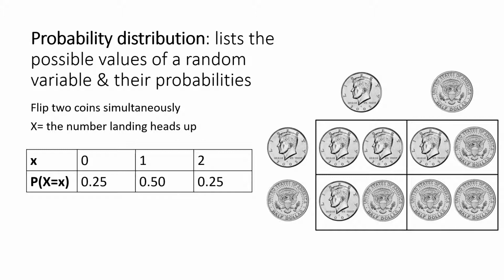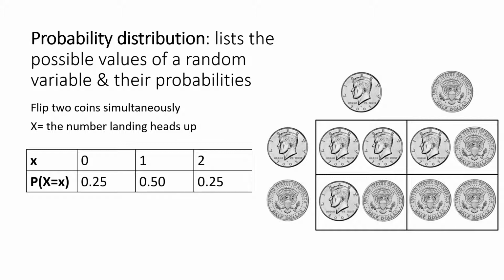And remember, the capital letter X is sort of like the random quantity. And so we talk about the probability that our random quantity, big X, takes on the value equal to little x.